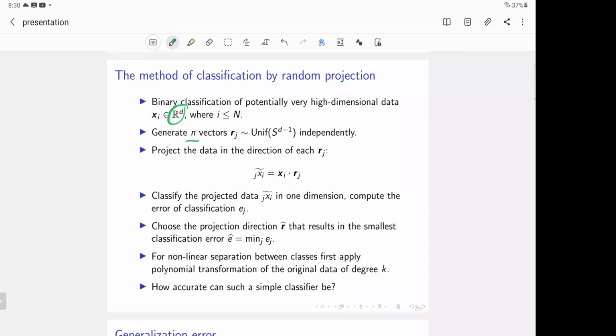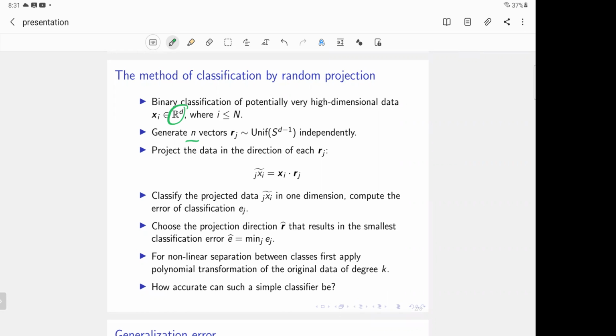Then project the data in the direction of each vector and classify the projected one-dimensional data, computing an error of classification for each direction. We choose the optimal projection direction, that results in the smallest classification error, and then we assign classes to the original points in high dimension using the classes from the classification in one dimension.